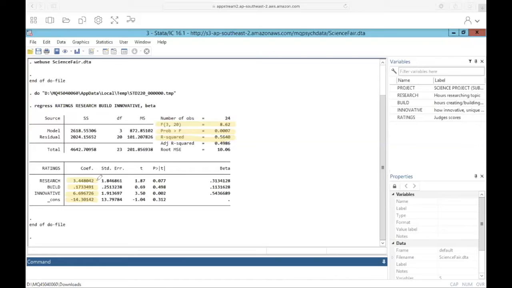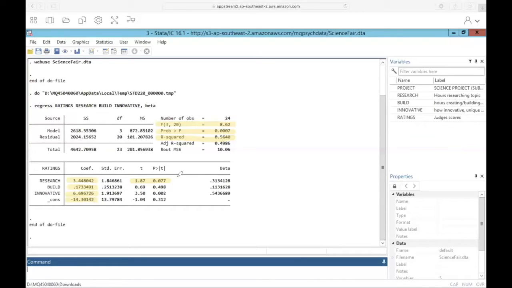And we can also determine the significance of each predictor, whether each predictor is a significant predictor of judges' ratings based on our t statistic and p-value. Okay, so the t for research is 1.87 and a non-significant p-value of 0.077. Remember, in the simple regression, this was significant, but now when you include both build and innovative, it's a non-significant predictor.